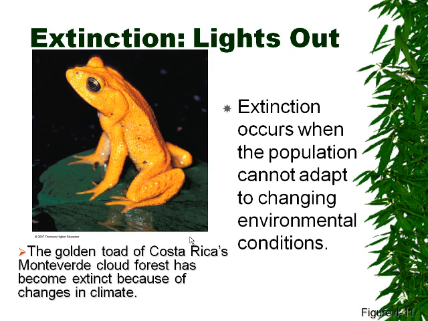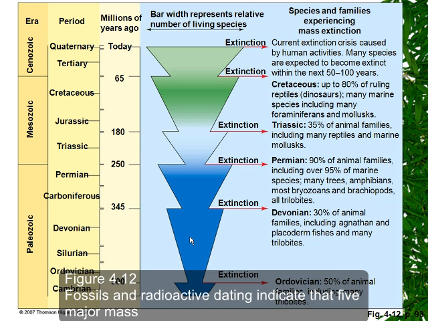And if they can't change to accept that, then they're going to die. So for example, climate change has affected the Costa Rican Monteverde cloud forest very dramatically. The precipitation and the temperature have changed dramatically in that area, and the golden toad is now extinct because it couldn't handle those changes in temperature and precipitation.